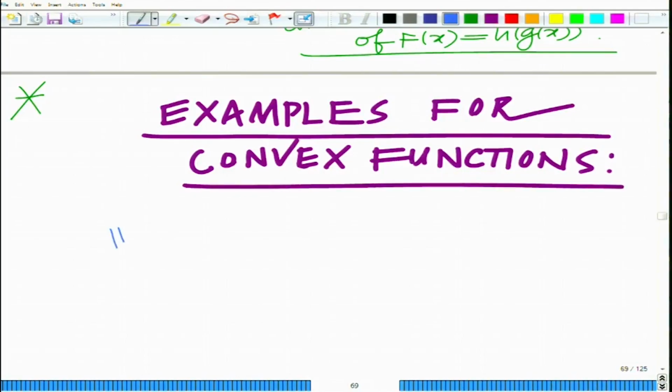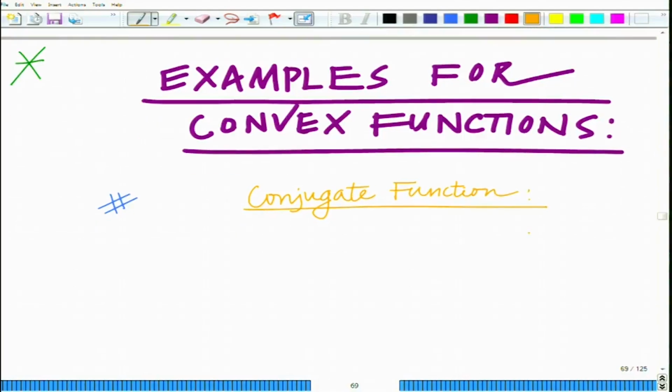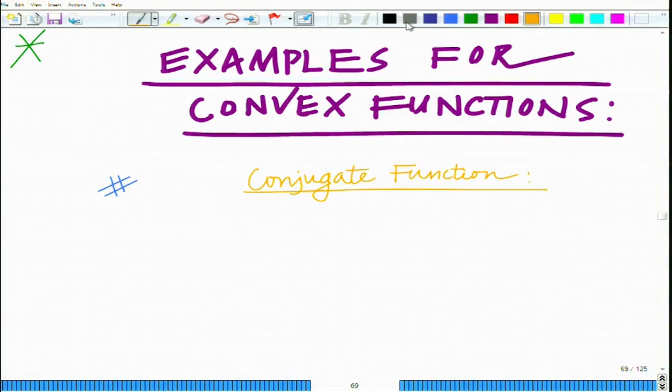The first example, we want to look at a new concept, which is that of a conjugate. This is a very interesting concept for the following reason, which I am going to describe shortly.